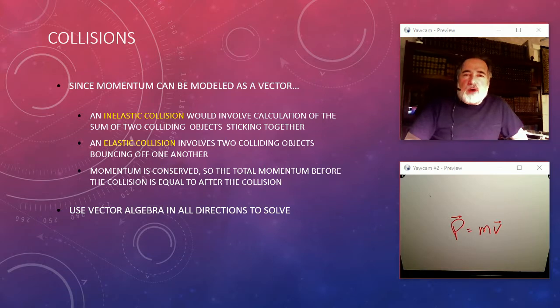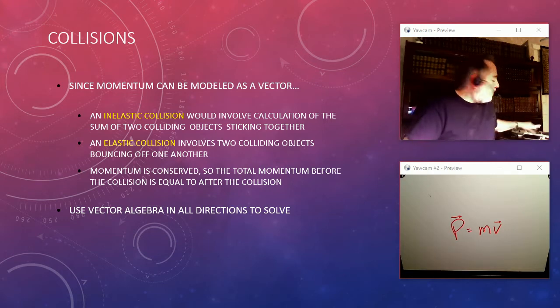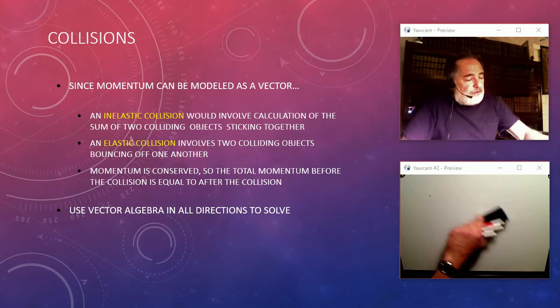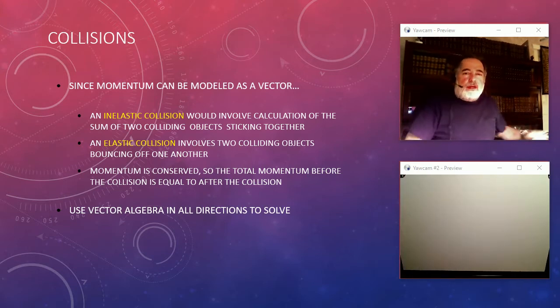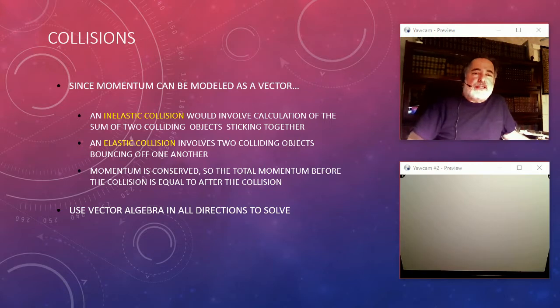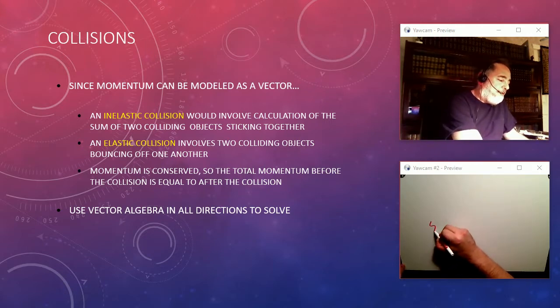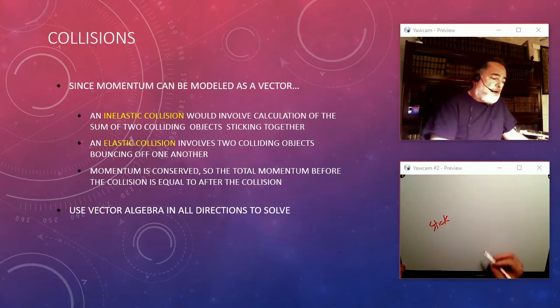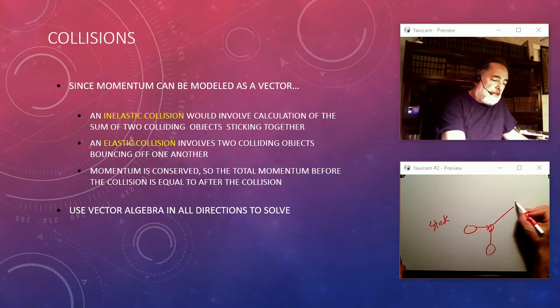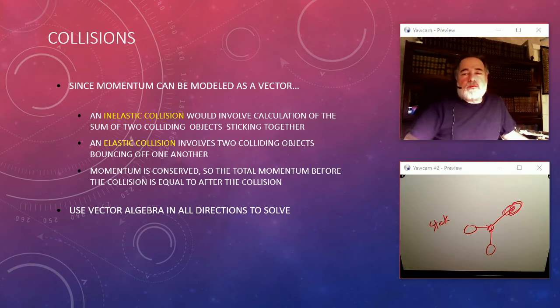Since momentum can be modeled as a vector, we can talk about inelastic collisions and elastic collisions and have various equations to solve for problems involving collisions. Now, an inelastic collision is when we have stick, where an object's coming up in this way, this object's coming that way, and they both stick together as one big object. That is inelastic. They are not bouncing off of each other.